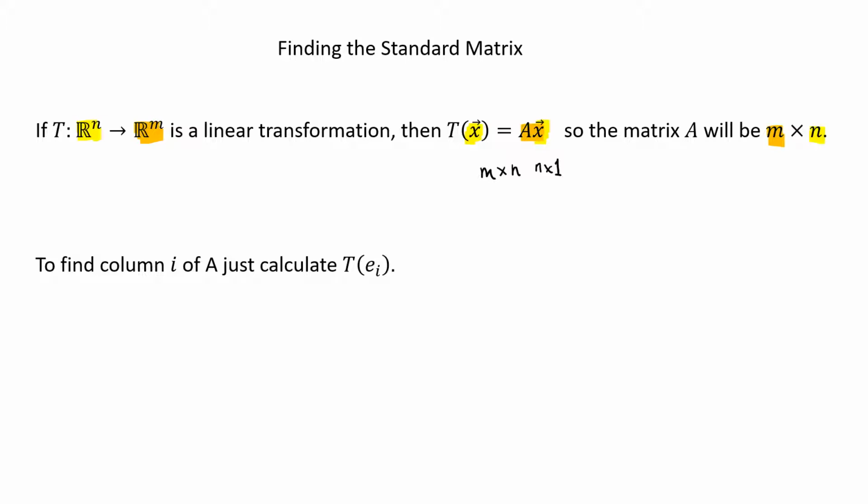Then, to find this matrix A, all we're going to do is calculate the linear transformation of basis vector ei, the standard basis. So ei is equal to 1 in the ith row and 0 everywhere else.